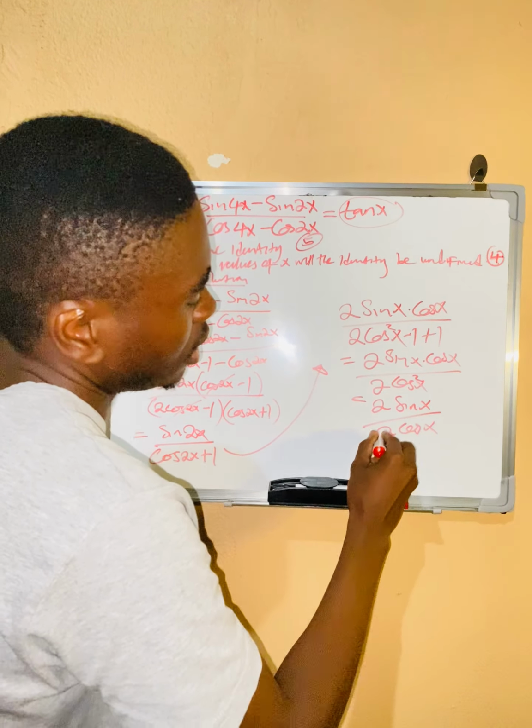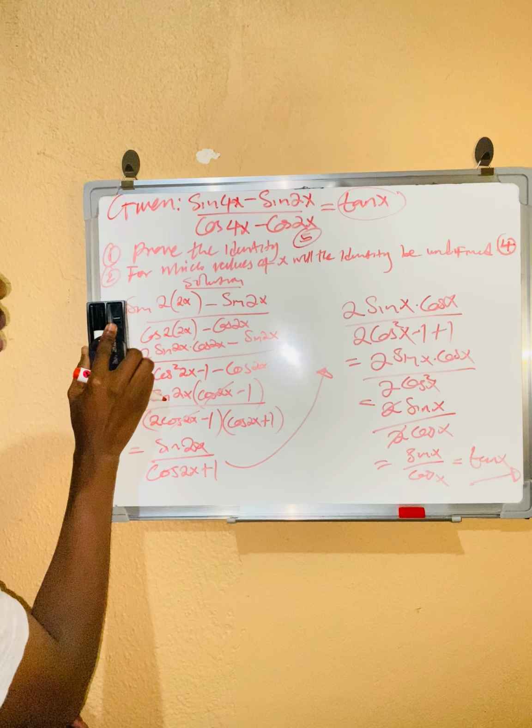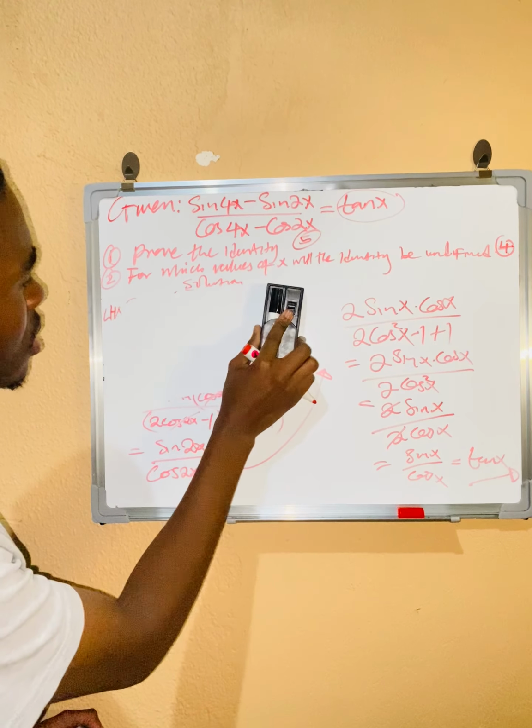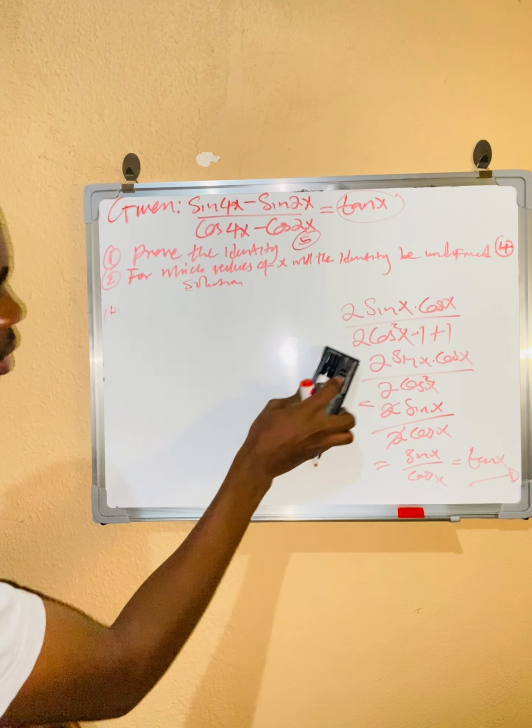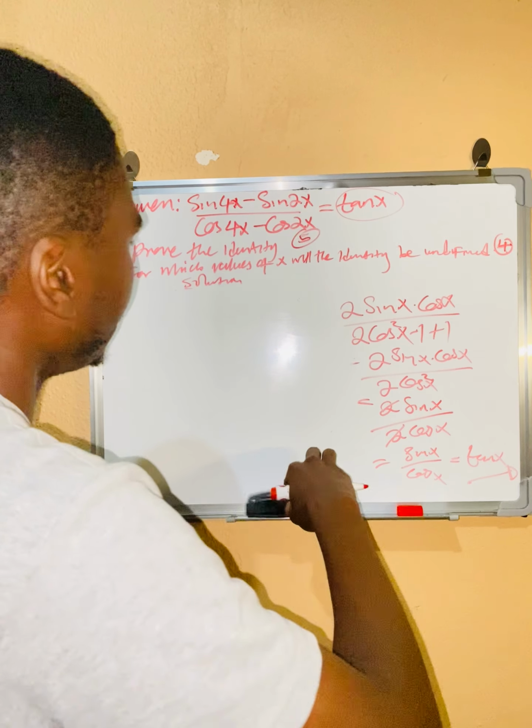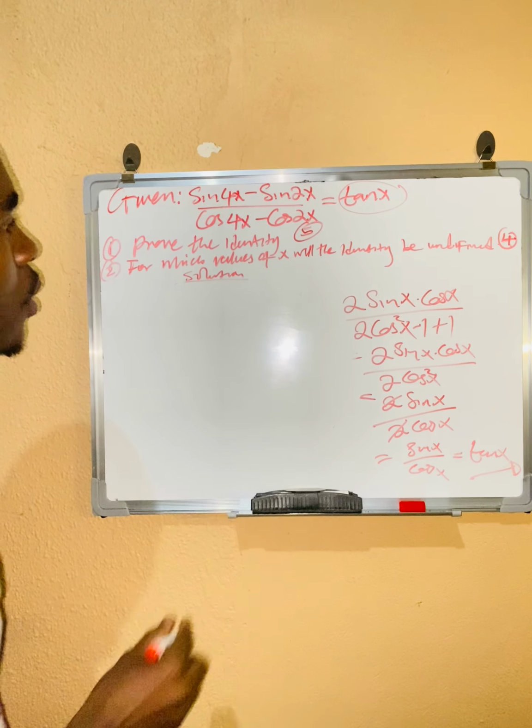The following question says: for which values of x will the identity be undefined? Now I'm going to erase here. In this question, what are we going to do?